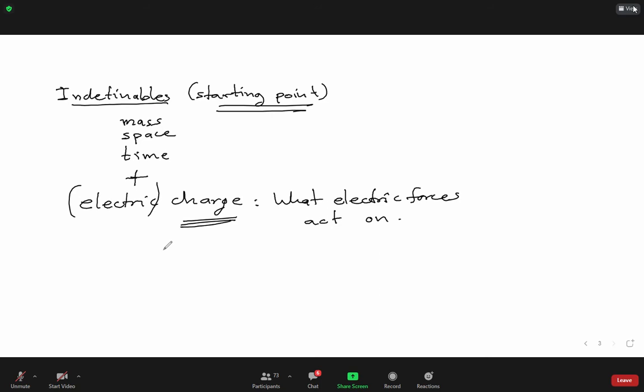Now with more experiments, we can figure out a few experimental facts about charges. We find that there are two types of charge.